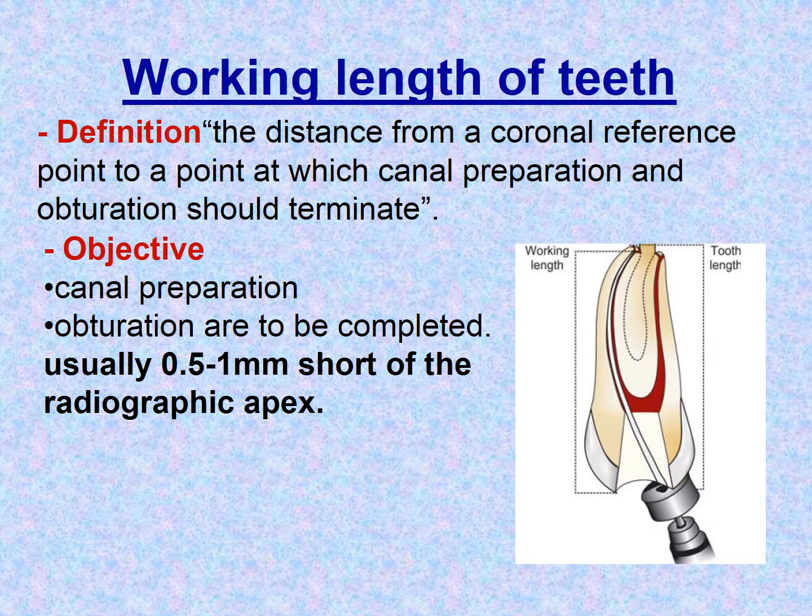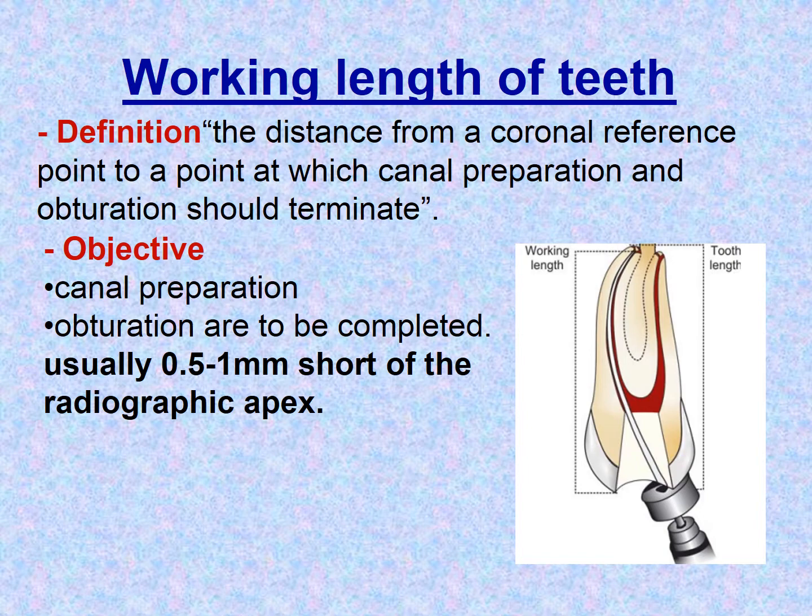Working length determination of teeth. The cleaning, shaping, and obturation of the root canal system cannot be accomplished unless working length is determined. According to the endodontic glossary, working length is defined as the distance from the coronal reference point to a point at which canal preparation and obturation should be terminated.